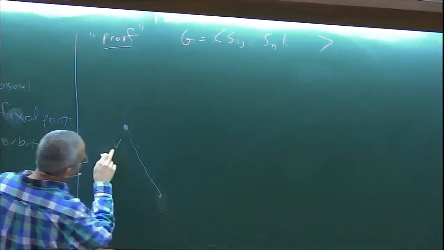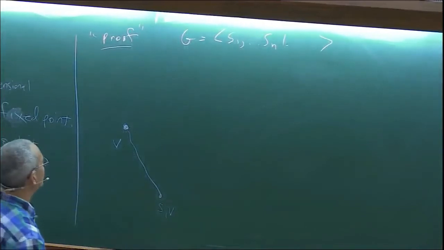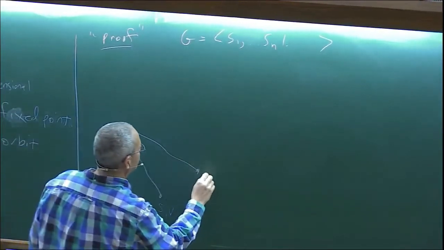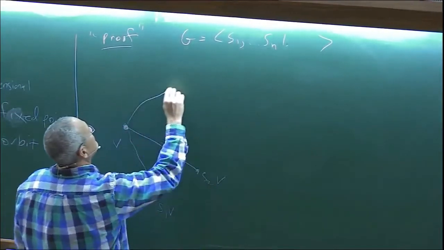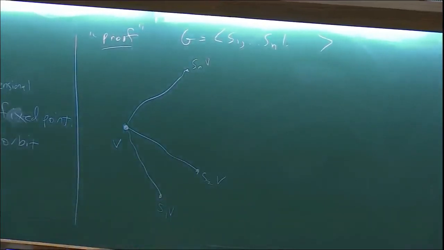Then you take some vertex V inside of your complex, and there's S1 of V up to Sn of V, translates of V under these generators.